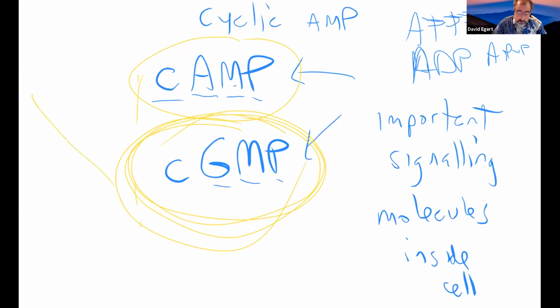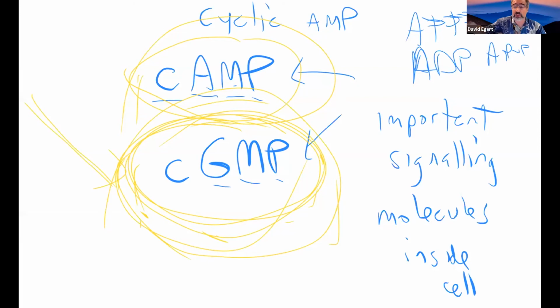When we get into different drugs, like Viagra, it's working by affecting the processing of cyclic GMP inside the cells. So understanding these messenger cells is going to be important for understanding how things work, how things go wrong, how a lot of drugs have their actions.